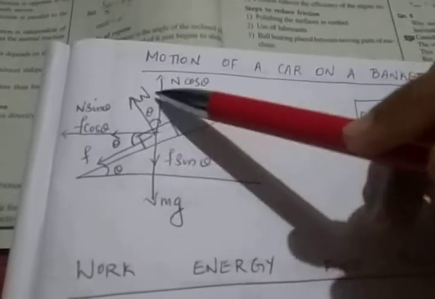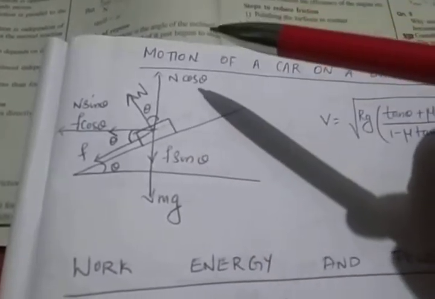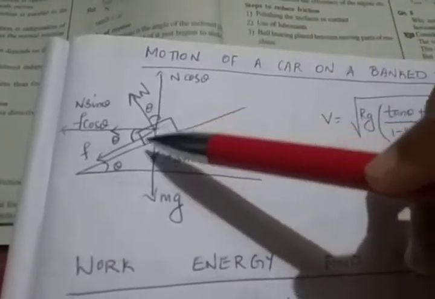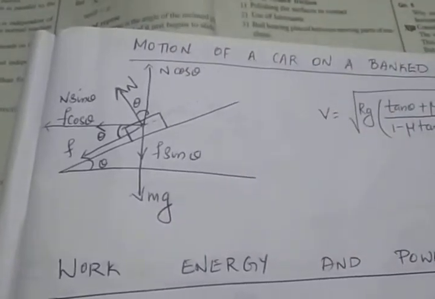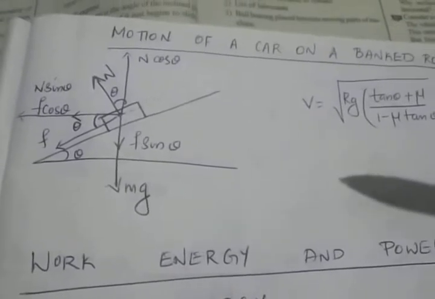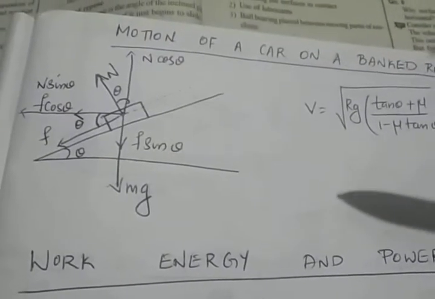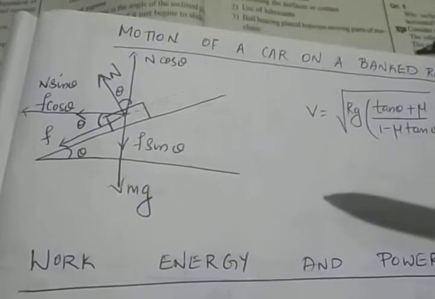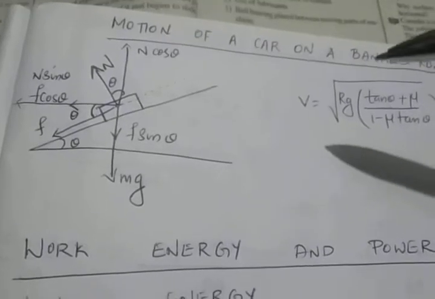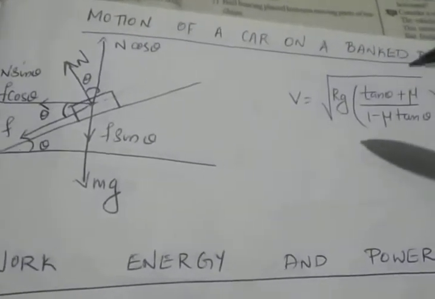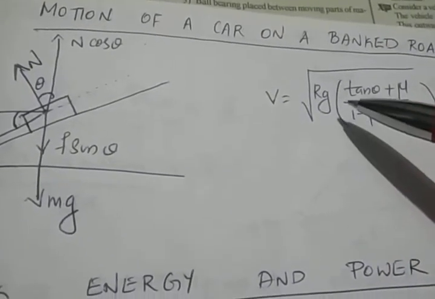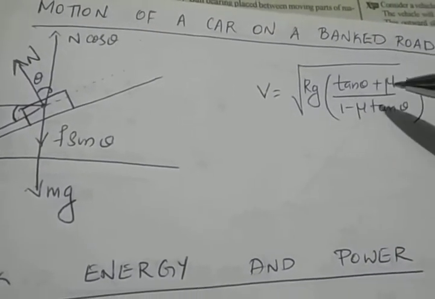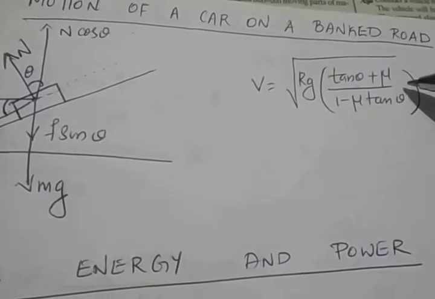So these are the forces acting on the car. Balance and equate all the forces acting on the car, that means solve this free body diagram. Finally you will get the maximum allowable speed that you should maintain while moving on a banked curved road, and this is that velocity expression. Velocity v is equal to square root of rg into (tan theta plus mu) by (1 minus mu tan theta).